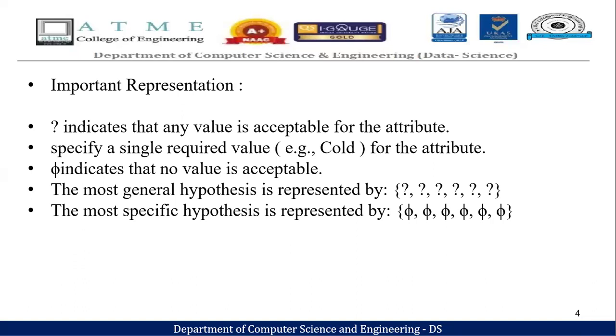And here the most general hypothesis is represented using question marks. If all the attributes of the hypothesis are substituted with a question mark, then it becomes the most general. And if all the attributes are substituted with null, then it is the most specific hypothesis.